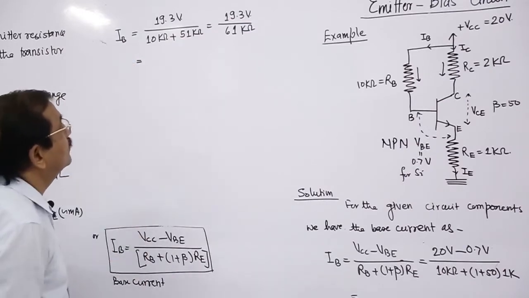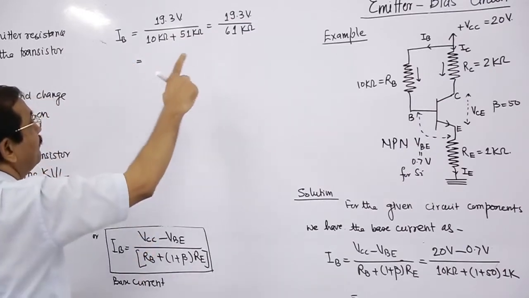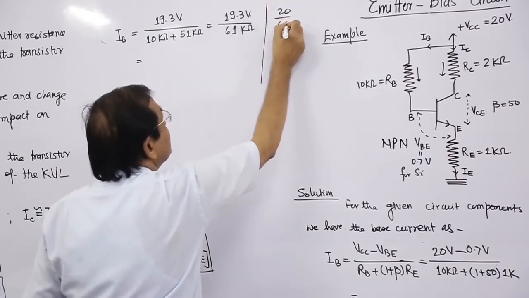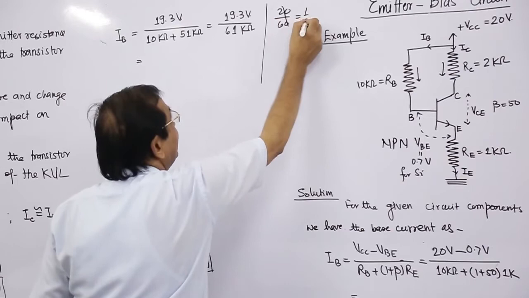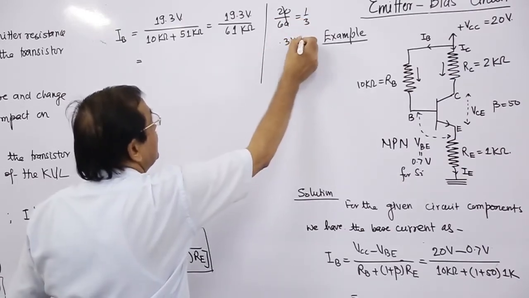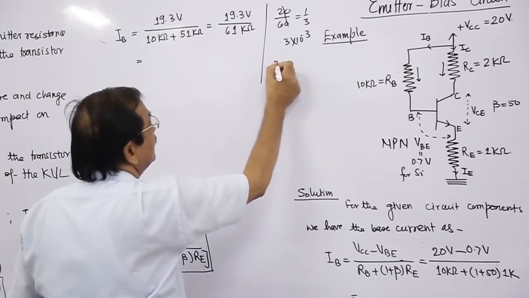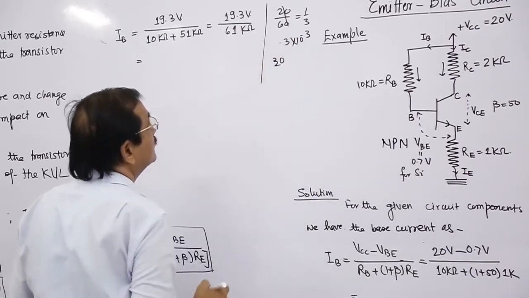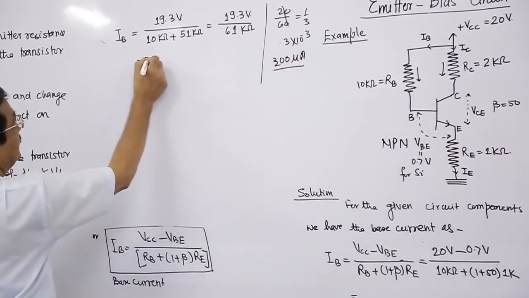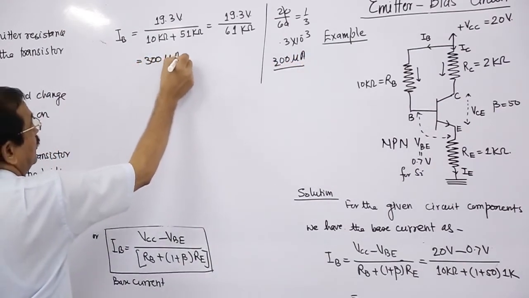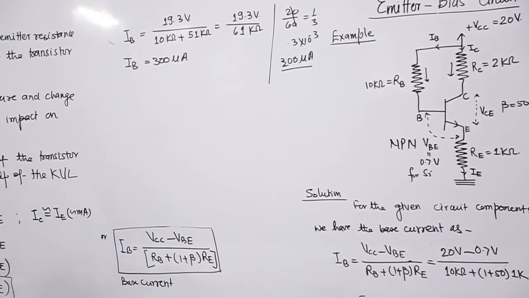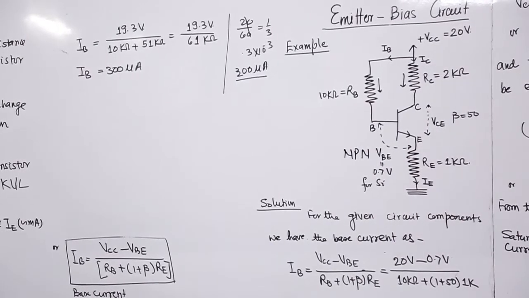So, this value is approximately, if this is 20 and here it is 60, this is 1 by 3, that is 0.3 into 10 to the power minus 3. So, this is 300 microampere of IB, approximately.